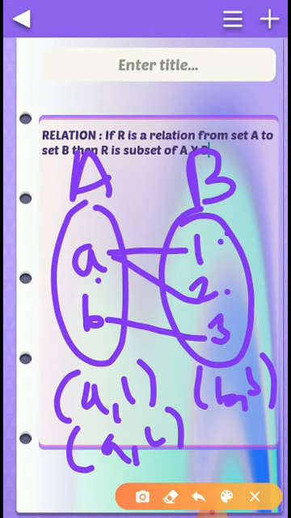That is not the case for a function. A function should always be such that every element in the domain, this is your domain, this is the codomain, should have a unique image. Only one image should be there. So this will not be a function. So what we can say is every relation is not a function, but every function is a relation.